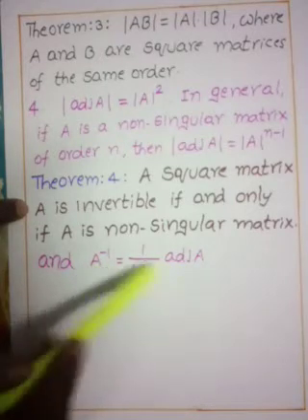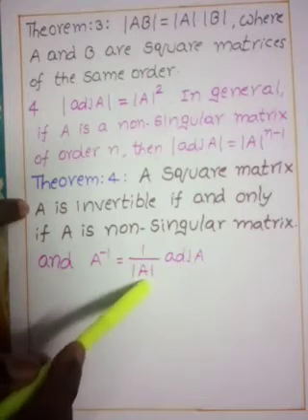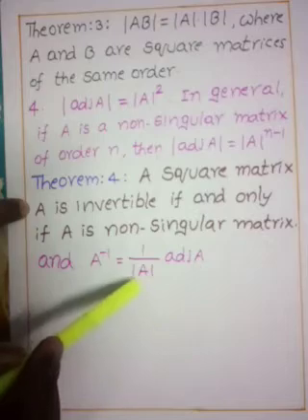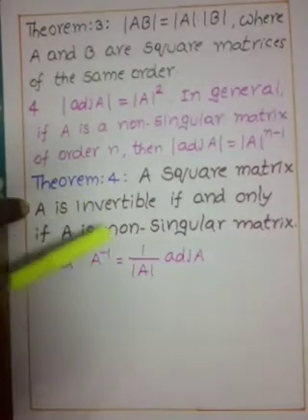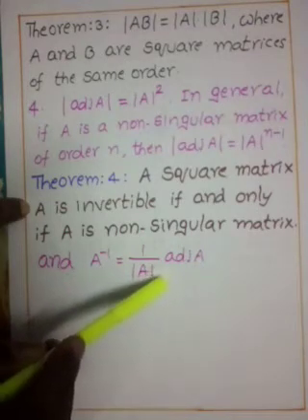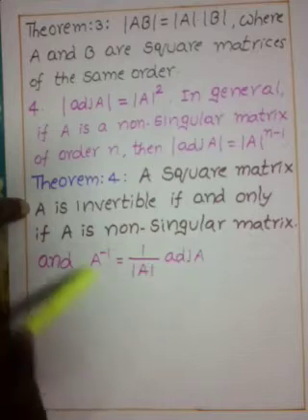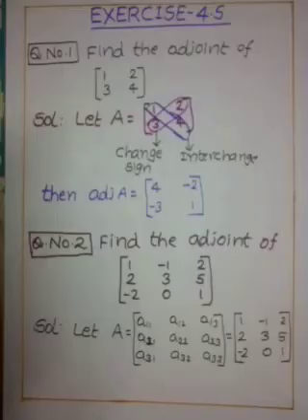In this exercise we use this formula to find the inverse of a matrix. We don't use elementary operations here. In that chapter, we used elementary operations to find the inverse of a matrix, but here we use this formula only. Understood, my dear children?